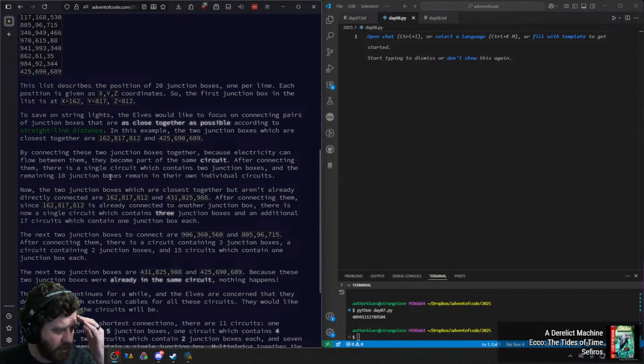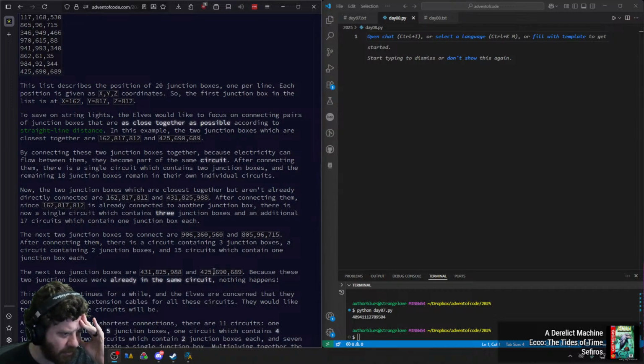Okay, let me make sure I'm reading this correctly. After connecting them, there is now a single circuit which contains 3 junction boxes and an additional 17 circuits which contain 1 junction box each. The next 2 are these 2. They were already in the same circuit, nothing happened.